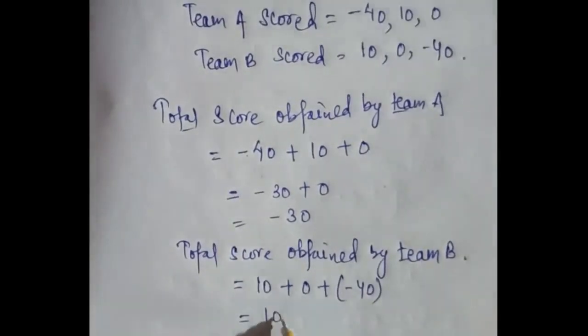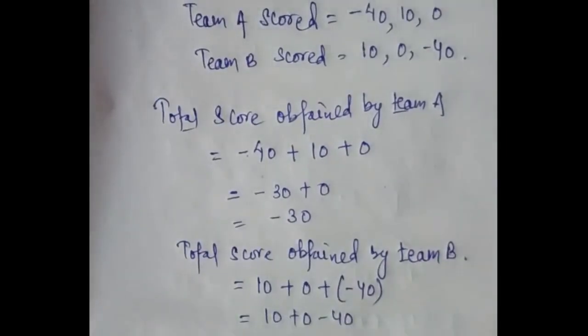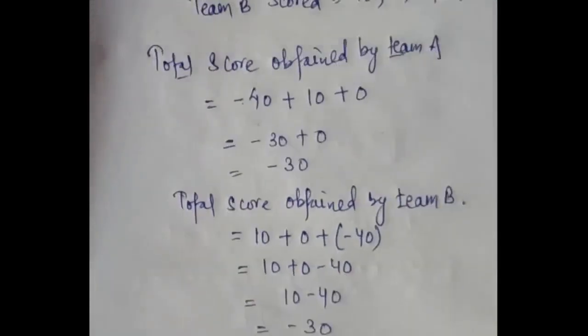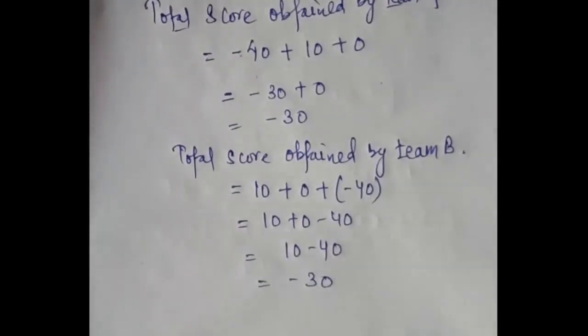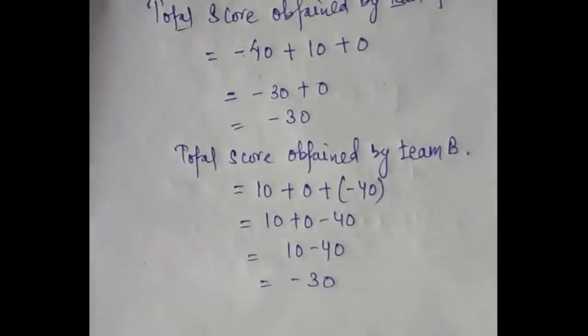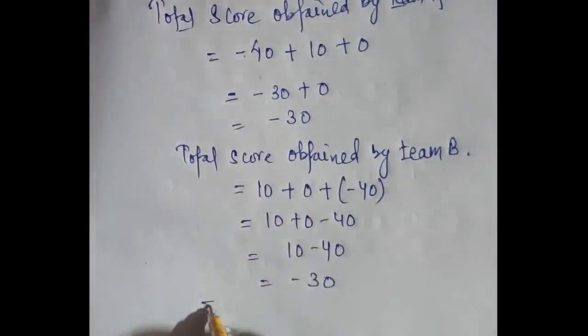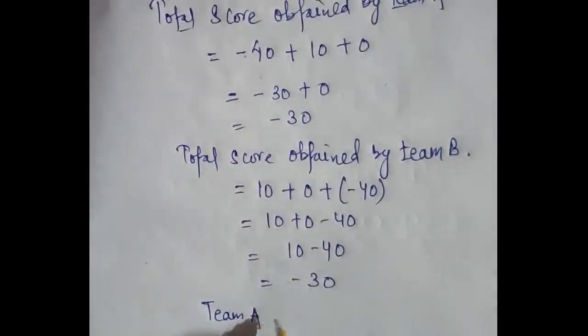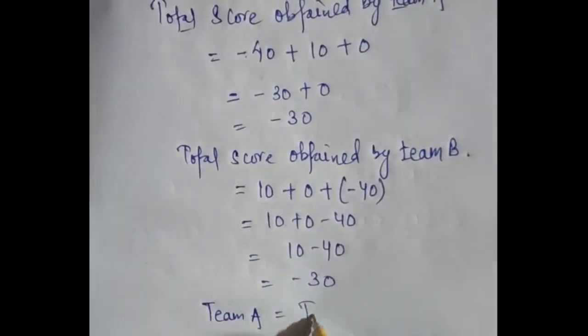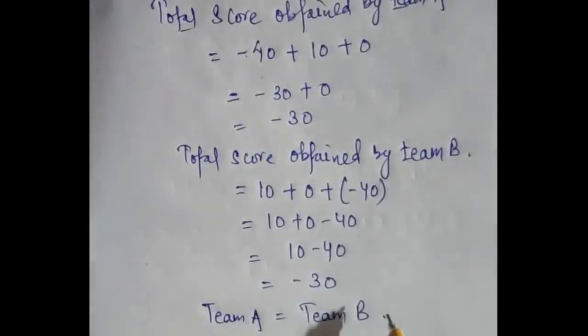That is 10 plus 0 minus 40. 10 plus 0 is 10, of course, minus 40 is equal to -30. So there is no difference, because both have scored the same number.